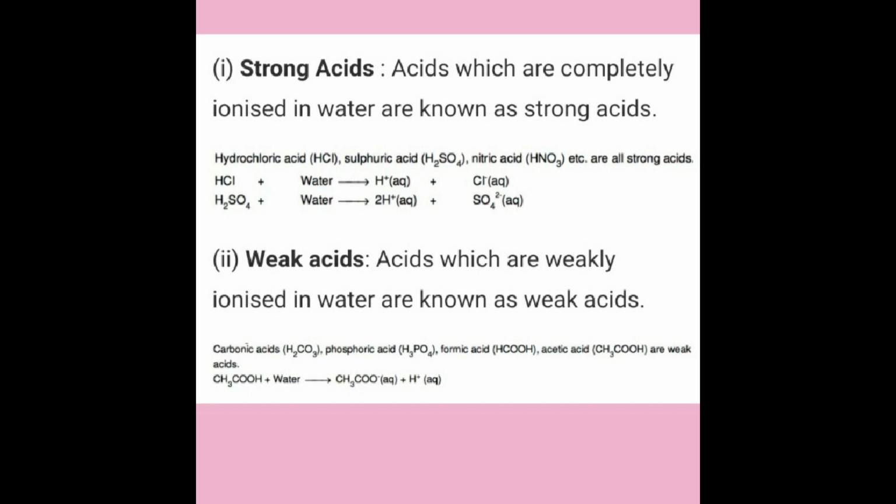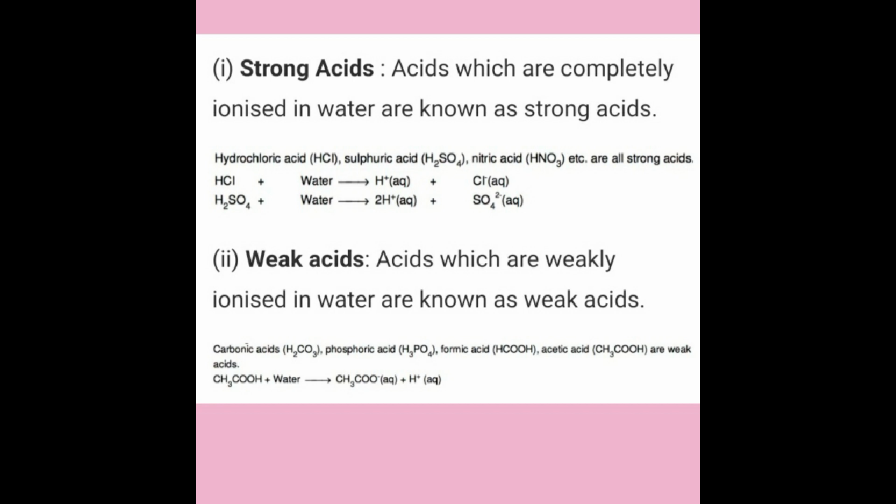Now, let us learn about strong acids and weak acids. Acids which are completely ionized in water are known as strong acids. Examples: hydrochloric acid, HCl, sulfuric acid, H2SO4, nitric acid, HNO3 are all strong acids.